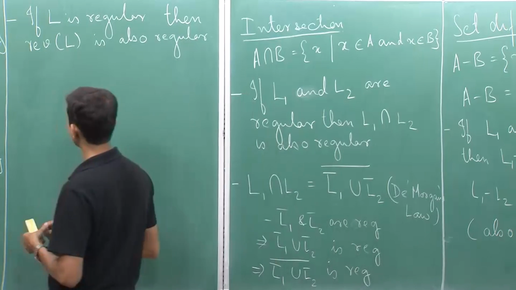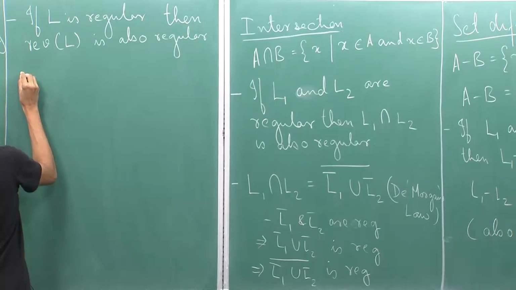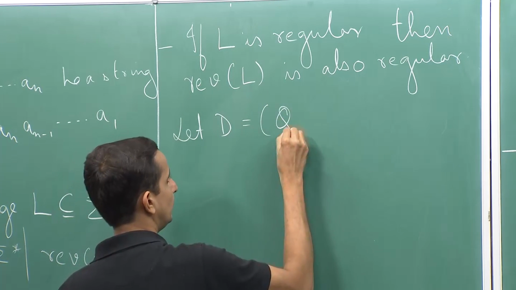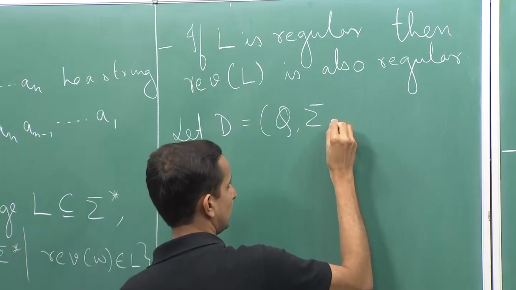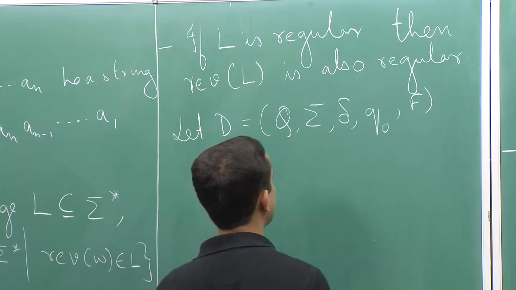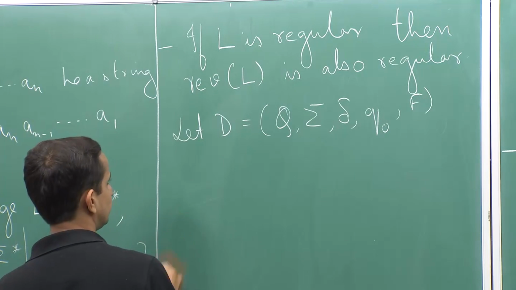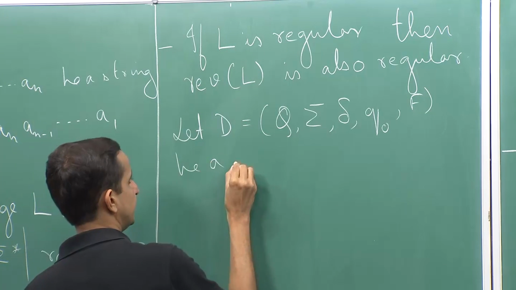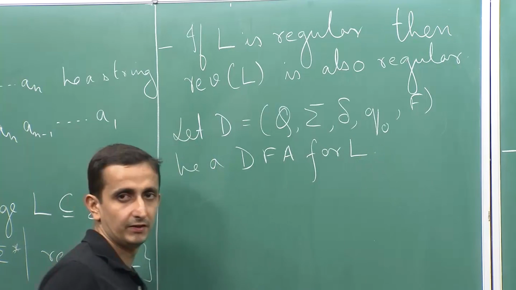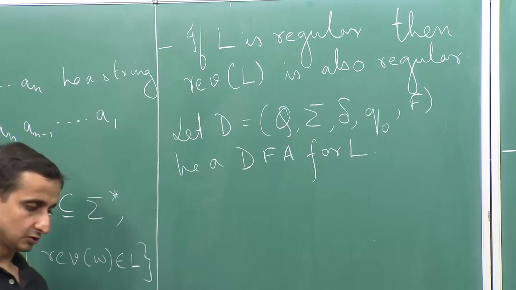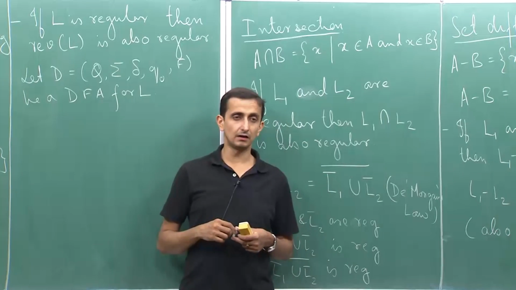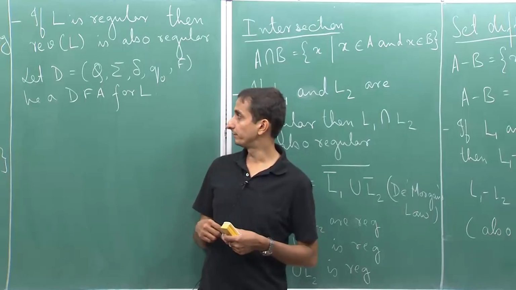Let D equal to Q, sigma, delta, q naught, F be a DFA for L. In other words, L equals L of D. What is the intuition, the idea behind constructing an automaton for reverse of L?